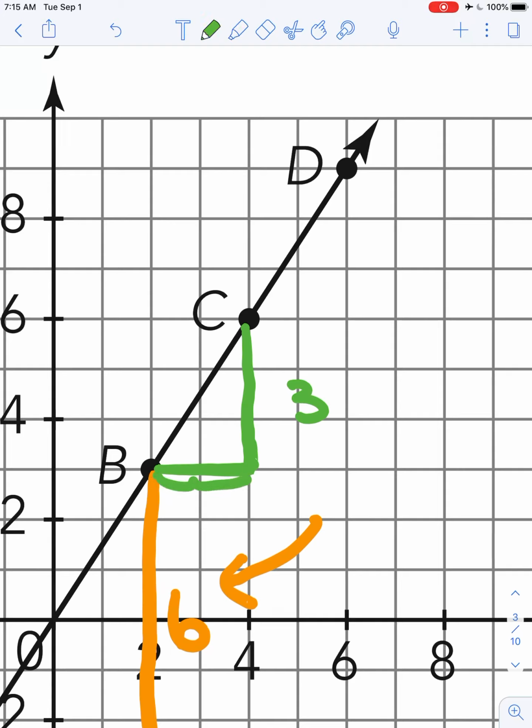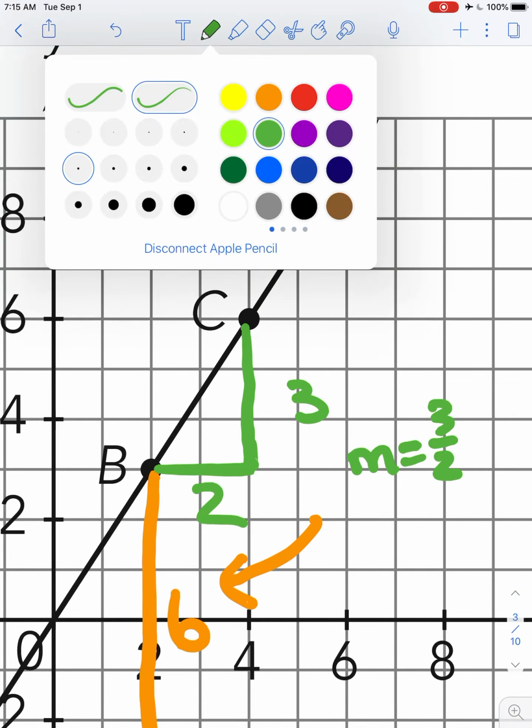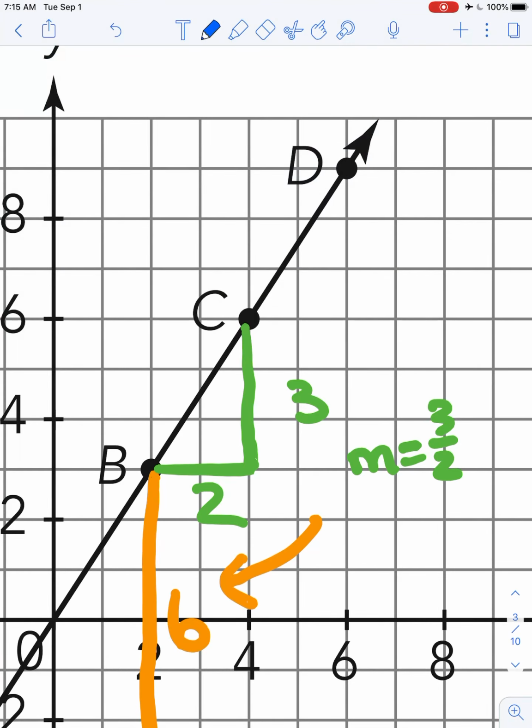Then it goes over 1, 2. That goes over 2. So again, when we're using this, we find the slope is again 3/2. Remember, the triangles are similar triangles, so they're going to have the same proportion.